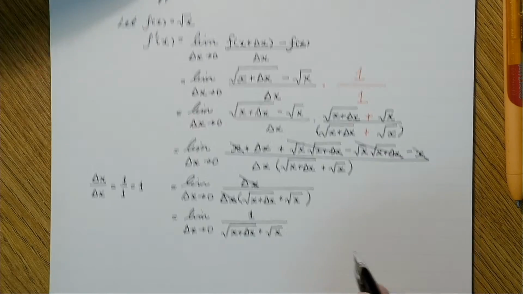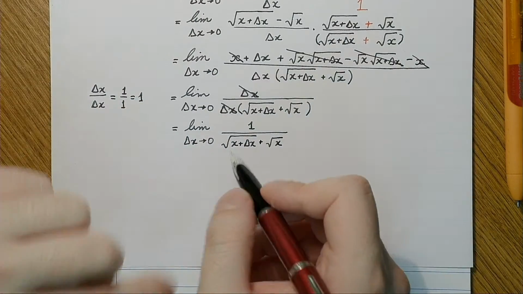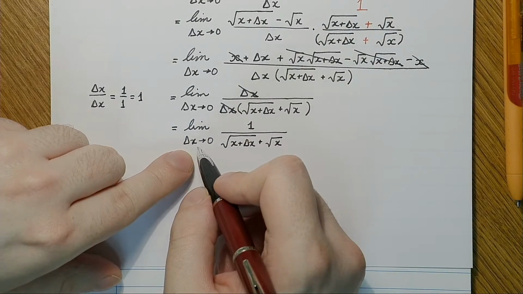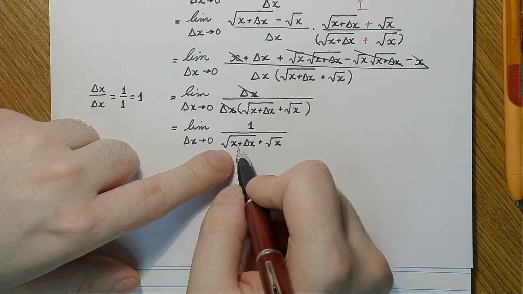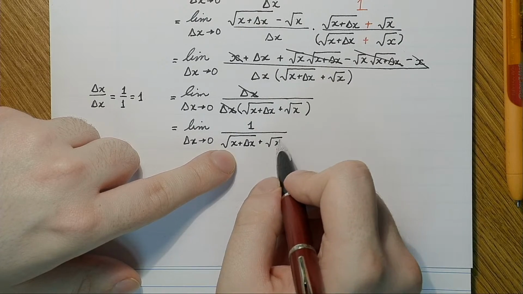And now we can apply our limit. So letting the delta x go to 0 in this case, I get x plus 0, plus square root of x.